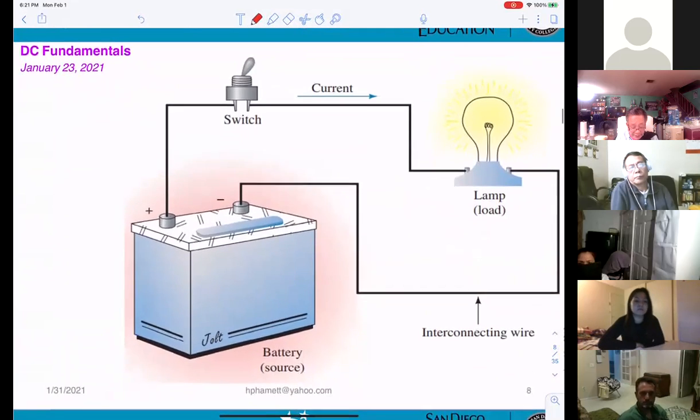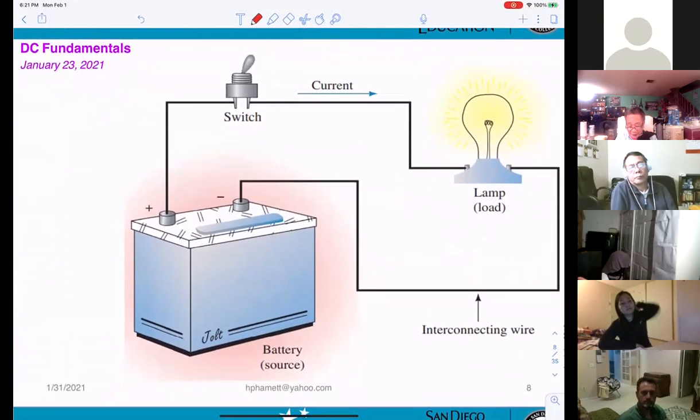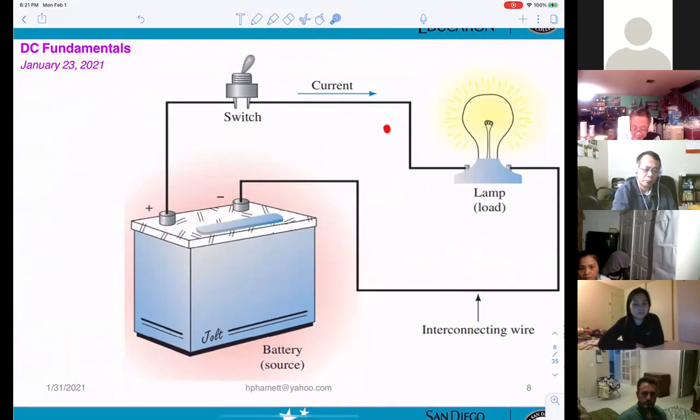Okay, now you can see that like your car battery. This is the battery. This is a positive, and this will be a negative. This is DC. That means you get current flowing from positive, go to the light and going back to the negative.